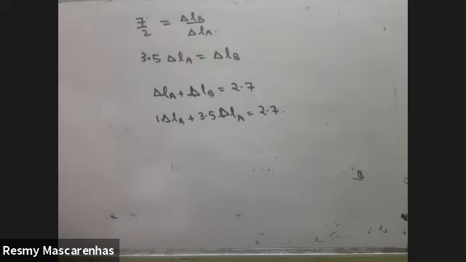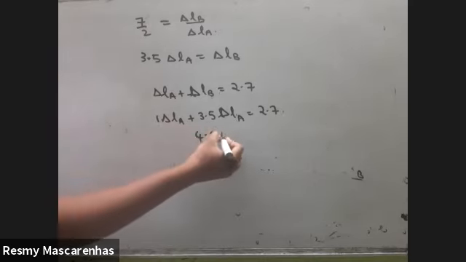So add both of them, delta L_A is basically 1 part, so that will be 4.5.